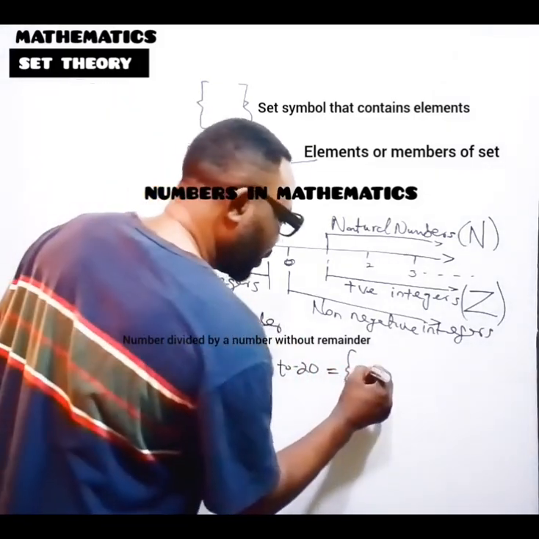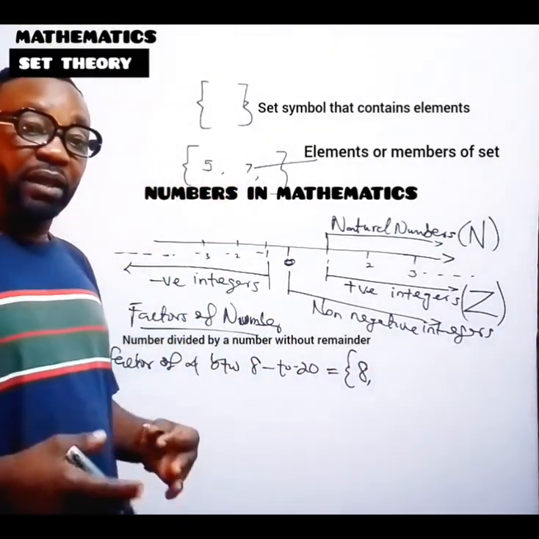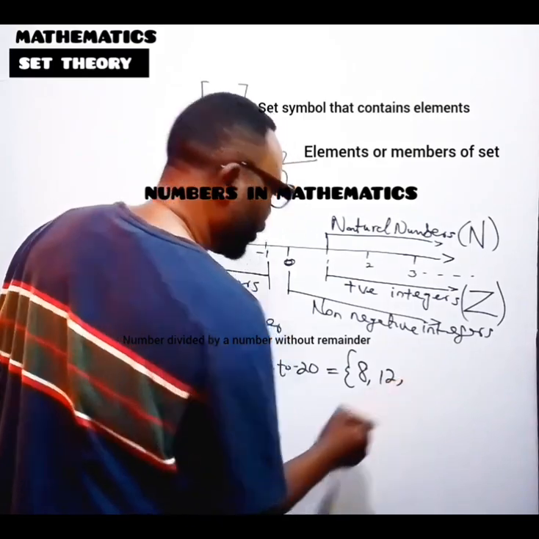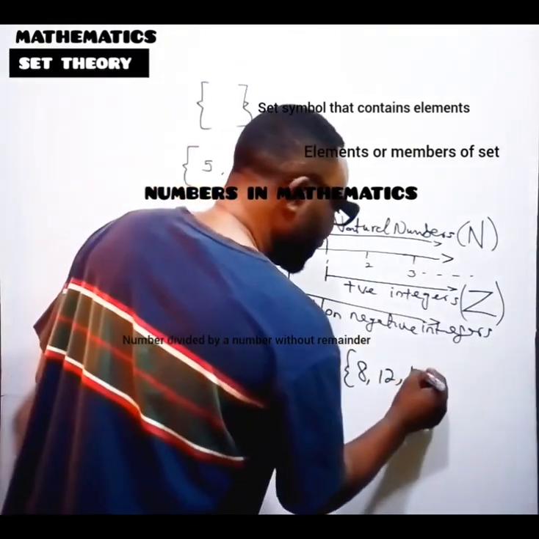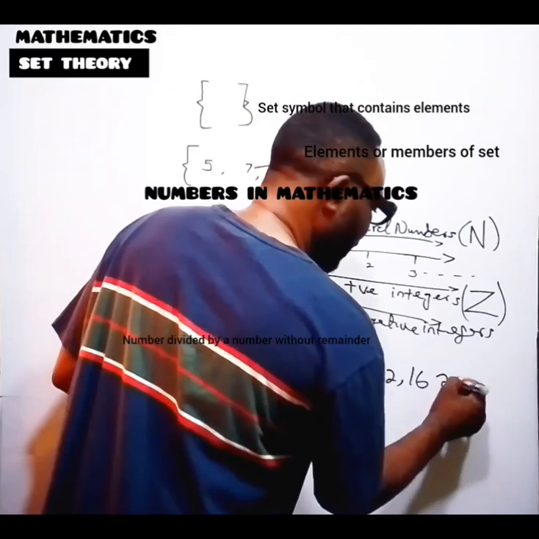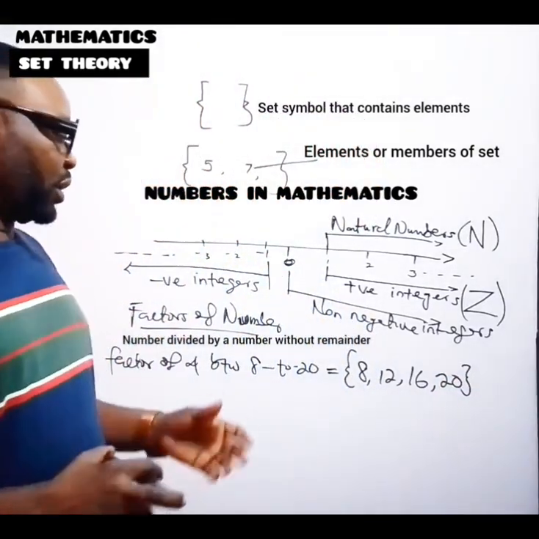That is a whole number, so 8 counts. What else can be divided by 4? 9, 10, no. 11, no. 12. 12 can be divided by 4. What else? We have 16. 16 divided by 4 will give us 4. And the one we have again is 20. Those are the values that can be divided by 4 without remainder.